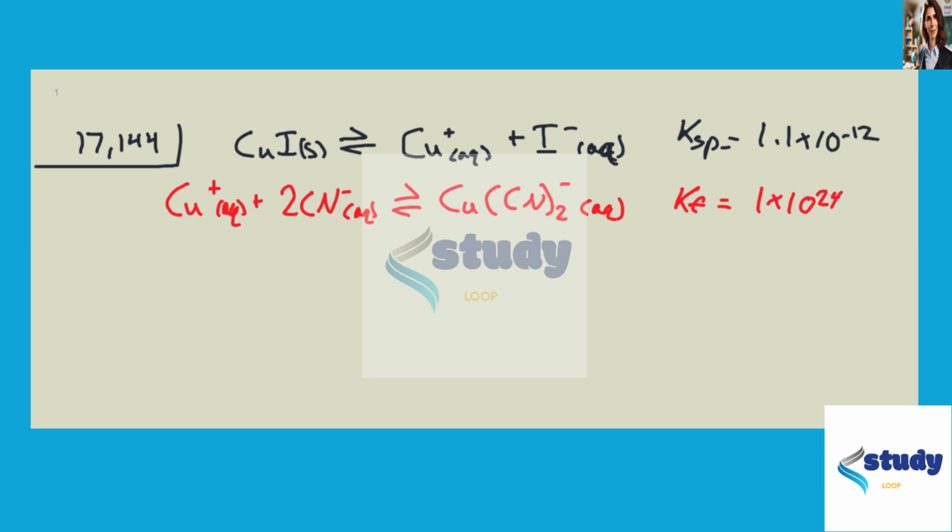So what we need to do now is we can add our reactions up and cancel. And so we cancel copper and everything else will come down.